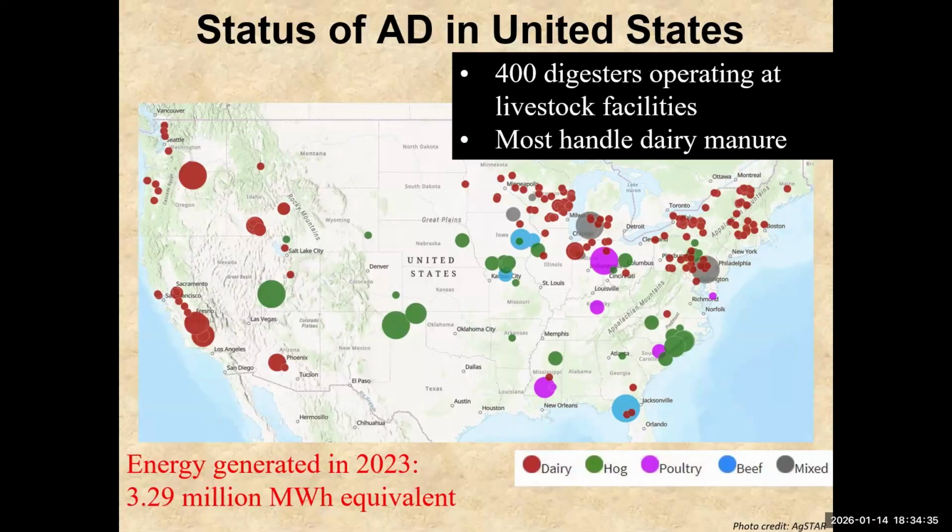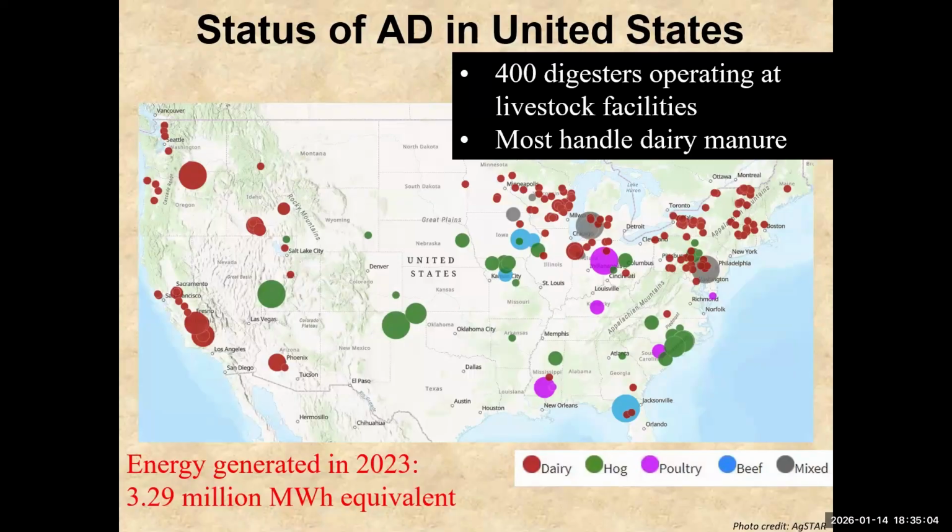If you aren't familiar with the AgStar program, it's a collaborative effort between EPA and USDA. This program encourages the adoption of anaerobic digestion technology to reduce methane emissions associated with the livestock industry by capturing the generated biogas and using it as a renewable form of energy.